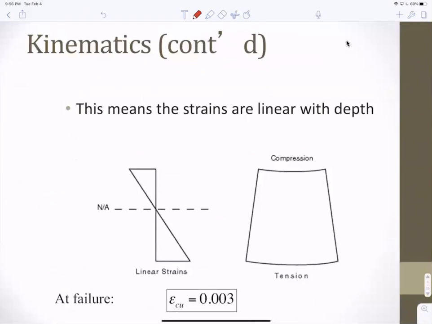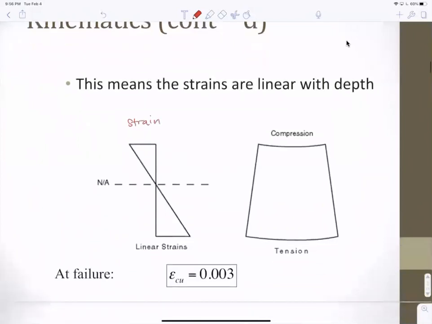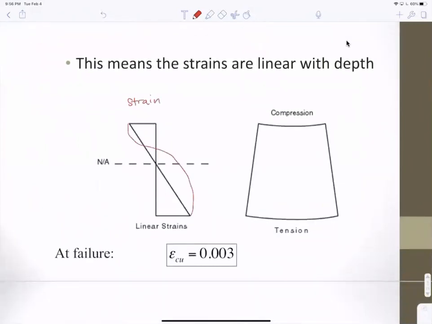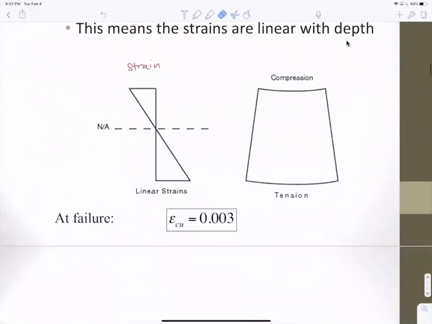So here's a strain, and it's linear. It's not shaped like that or curved in any way, it's straight. The top of the beam compresses, the bottom of the beam stretches, and somewhere in the middle it's not changing length at all, and that's called the neutral axis.